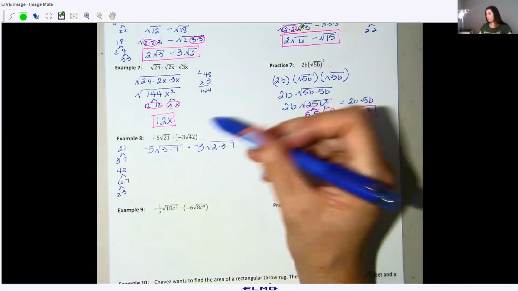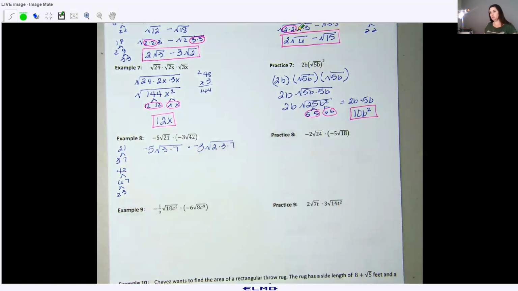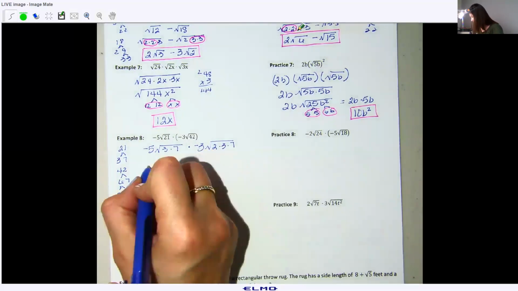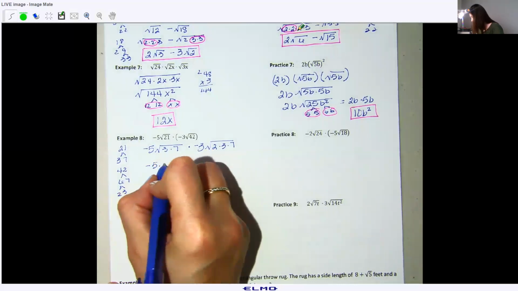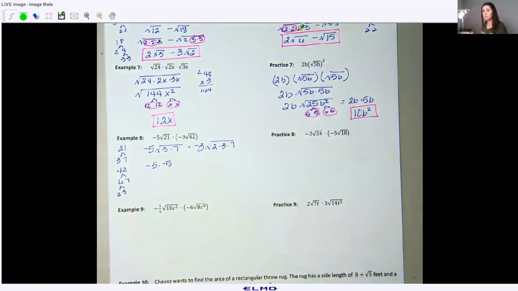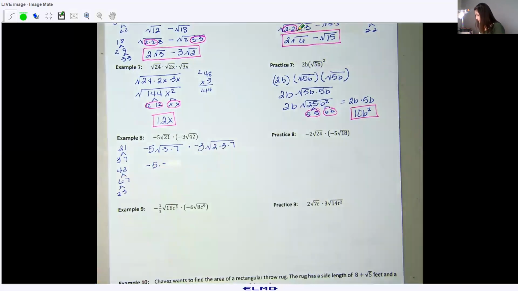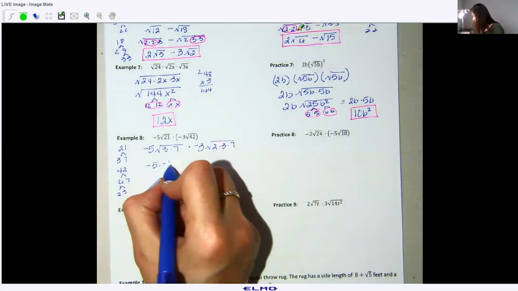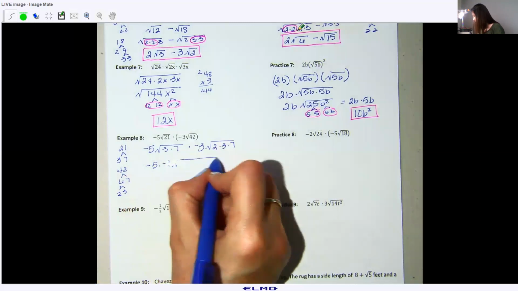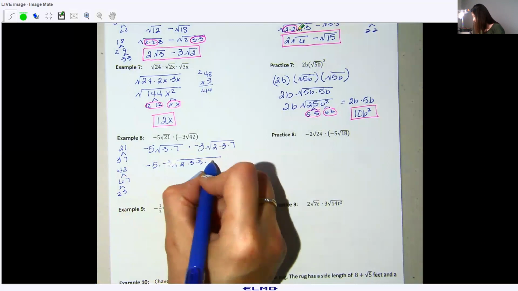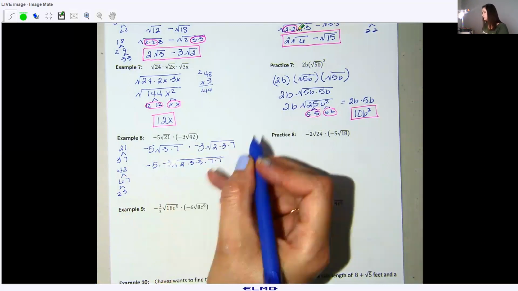So now I have both of these factored out, and watch what I do with these, okay? And then I'll explain. -5 times -3. So, oops, I have to multiply my coefficients first. That's what I'm doing here. And then inside my radicals, I have a 2, I have 2 3s and 2 7s.